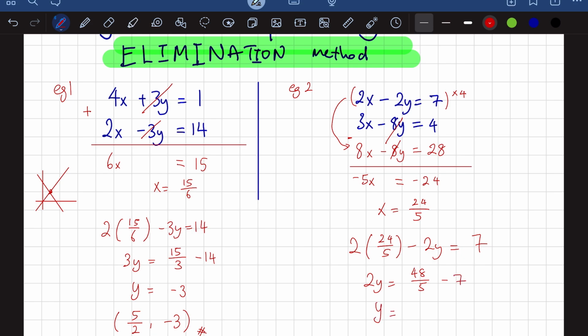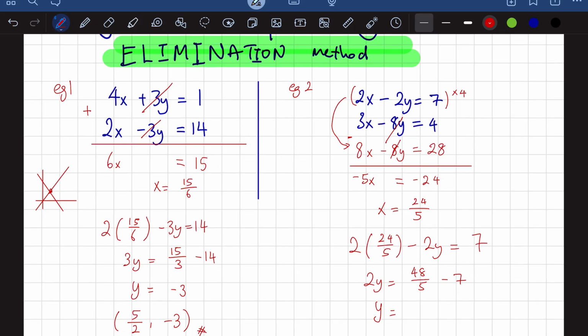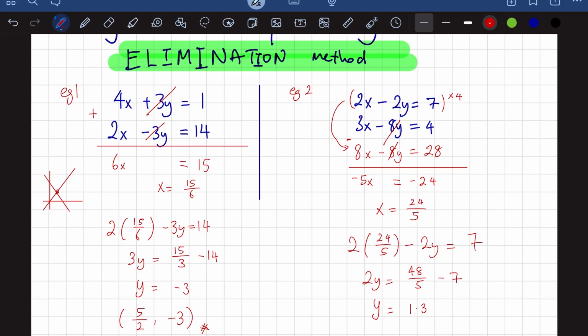I'm going to work this entire thing out on my calculator. So 48 over 5, I'm going to minus 7 first, and then divide that by 2. So I got 1.3. The final answer we can state will be 24 over 5, comma 1.3.